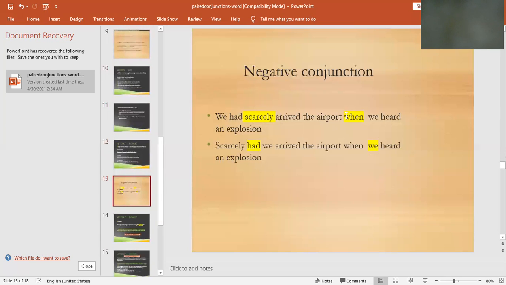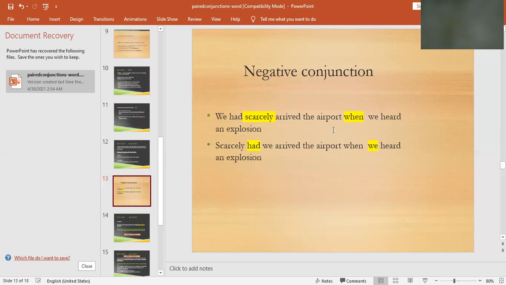Okay, negative conjunctions. We said neither nor is a negative conjunction, and hardly when, scarcely when, no sooner than are all negative conjunctions. Now, we had scarcely arrived at the airport when we heard an explosion.